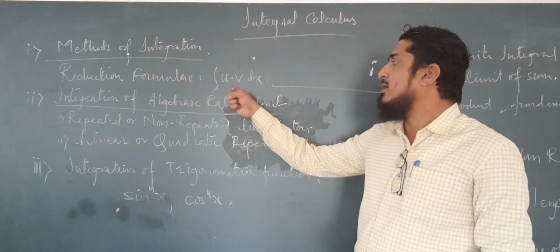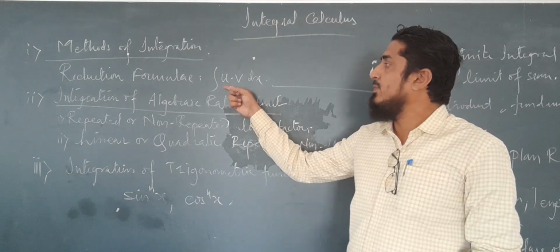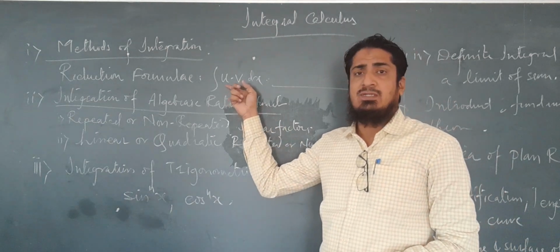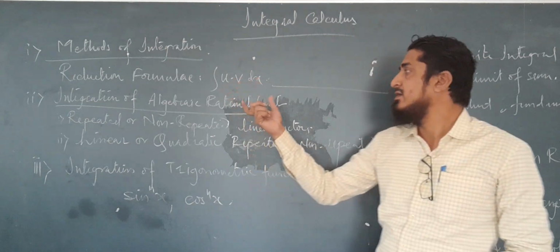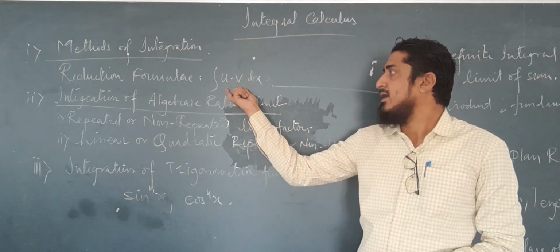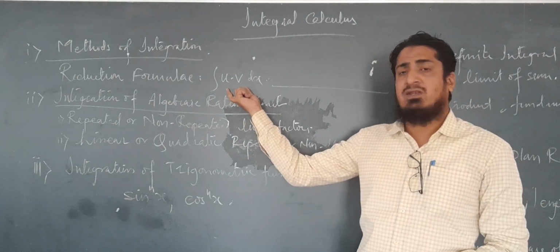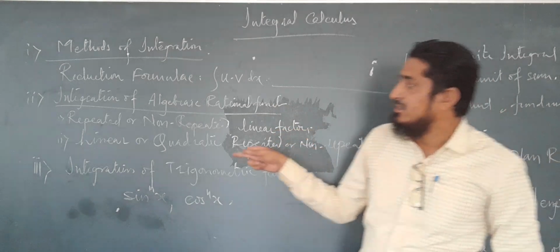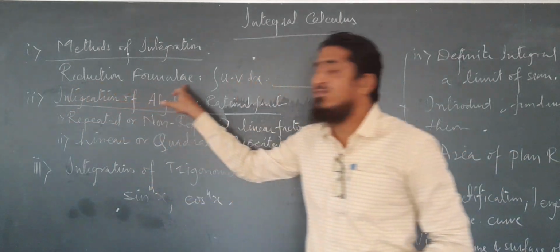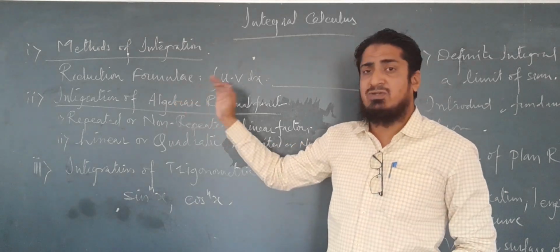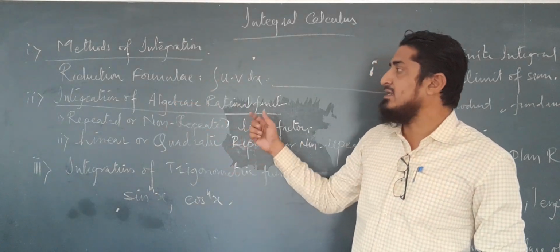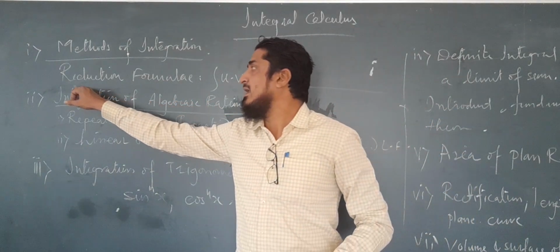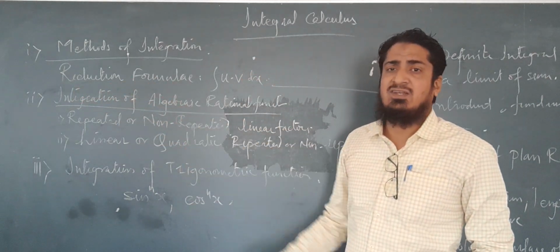By using the formula for u into v, we will try to reduce the degree of the function, and since we are reducing the degree of that function, it is called the reduction formula.